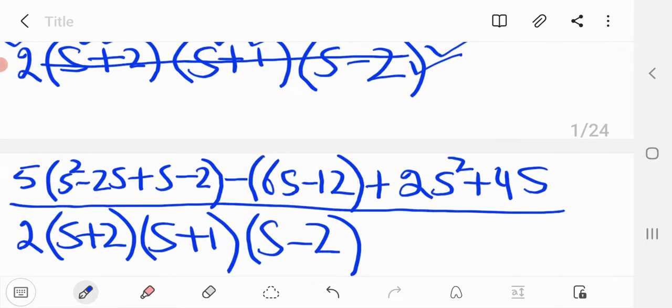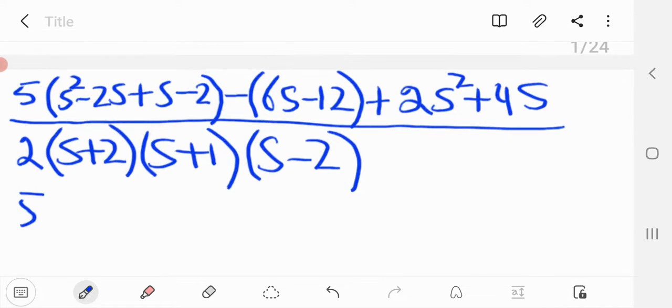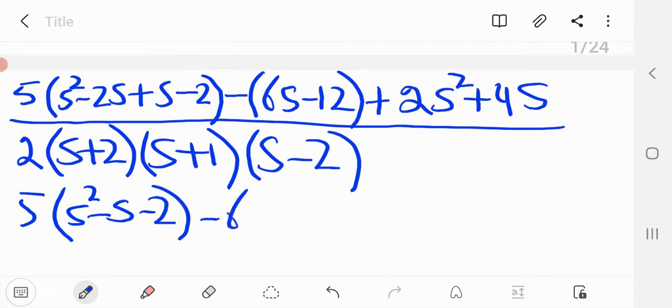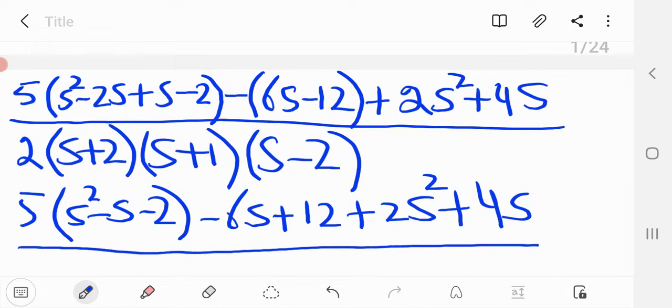So now go further in order to simplify the numerator. So it will become 5 into s square minus 2s plus s, it means minus s, and minus 2 into minus 6s, minus into minus is plus, it will become 12 plus 2s square plus 4s divided by the same denominator as it is.